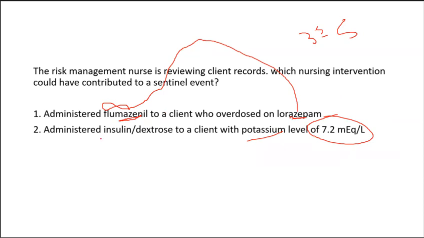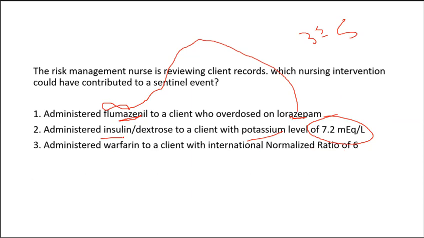If I give insulin, it's going to help push this excess potassium intracellularly, lowering the serum potassium by pushing it into the cell. The dextrose is given to prevent hypoglycemia. So that would not be a bad idea. We can give insulin with dextrose, and that will help to lower the potassium level.